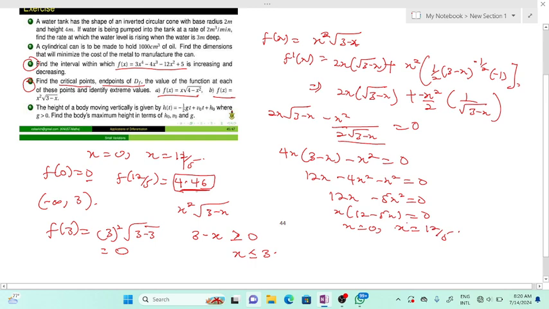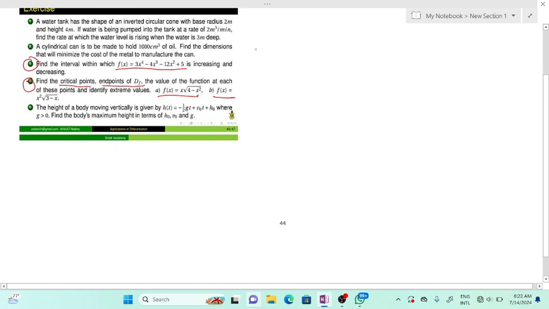We have the height of a body moving vertically, giving us h of t equals half gt plus v naught t plus h naught, where g is greater than 0. Find the body's maximum height in terms of h naught, v naught and g.